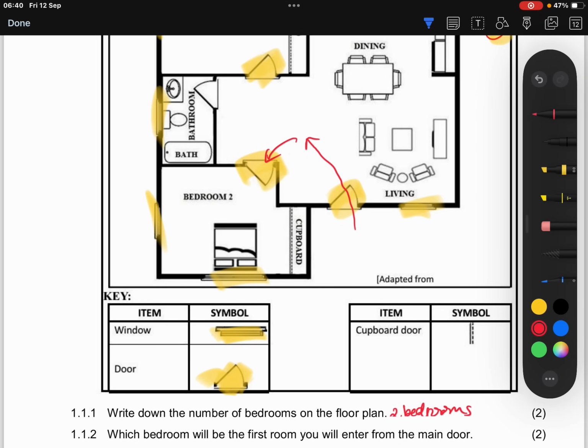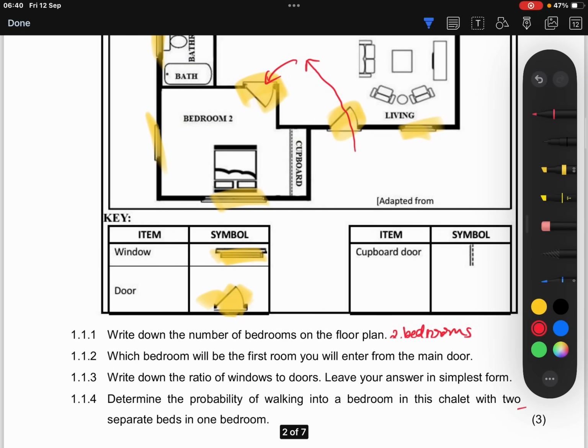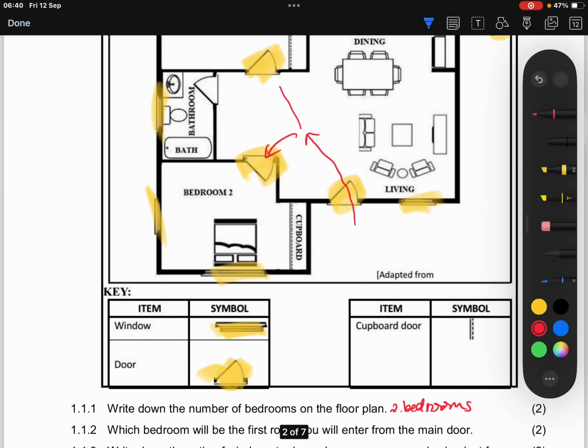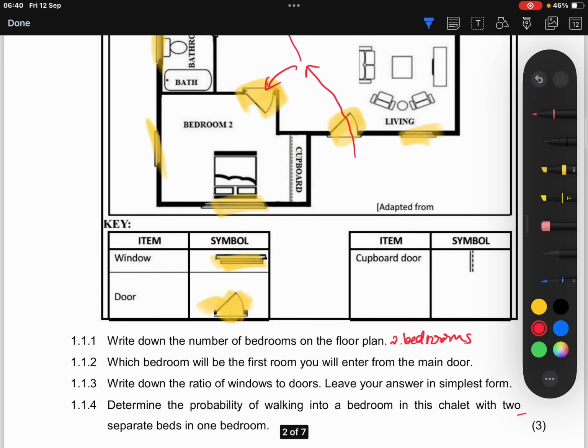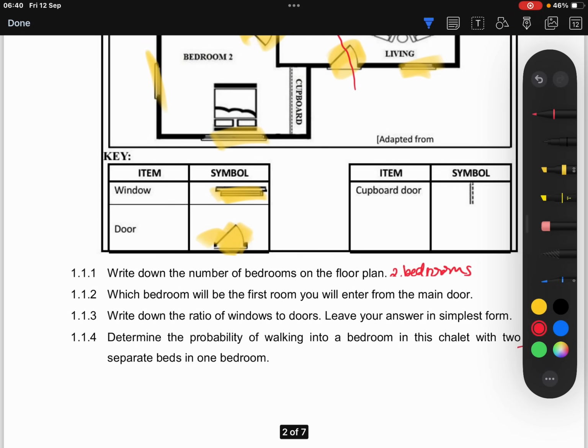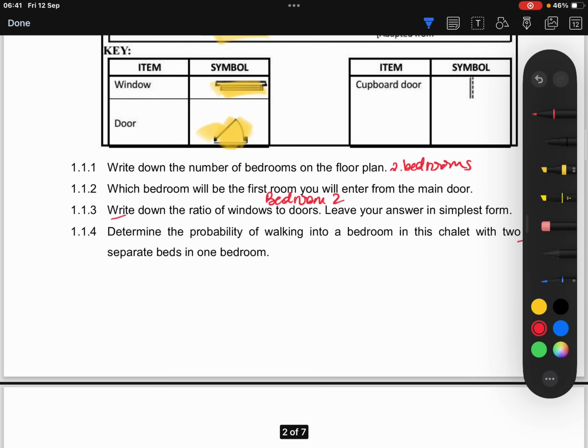It's this one, right? It's this one that you will enter. That one is a little bit far. So it's bedroom 2. So the answer here is bedroom 2.